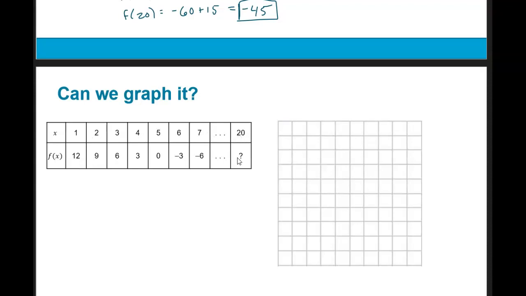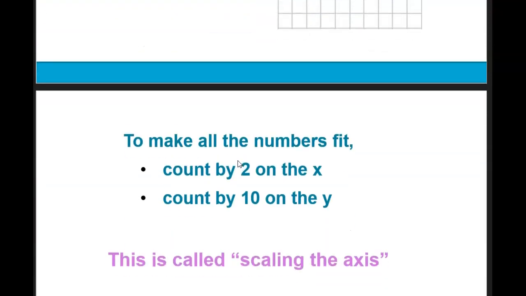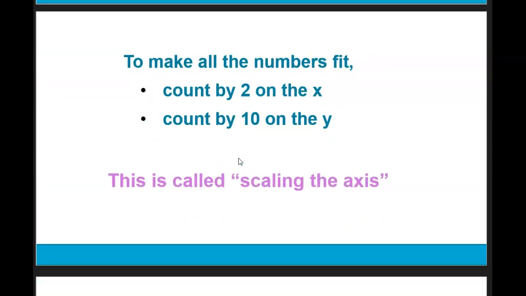And it looks like the f of x needs to go pretty far negative. So what are we going to do? How do we graph this so that all these things can fit on it? Well, we can count by 2 on the x and then count by 10 on the y. This is called scaling the axis, or scaling the axes in this case, since we're scaling both of them.